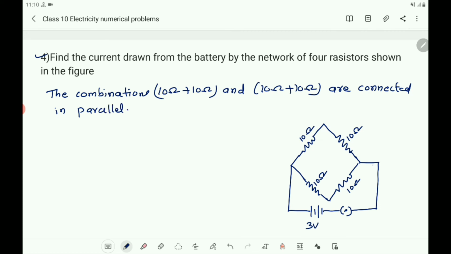So you can write here, first 10 ohm 10 ohm you can get 20.